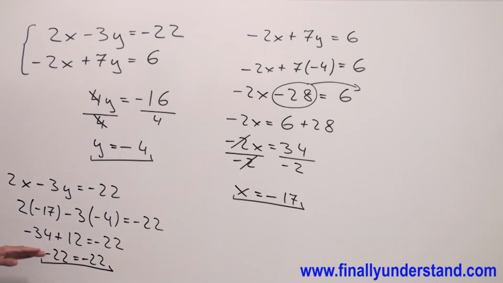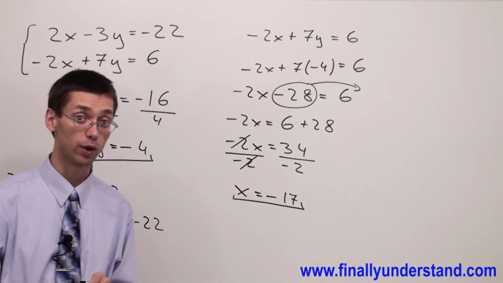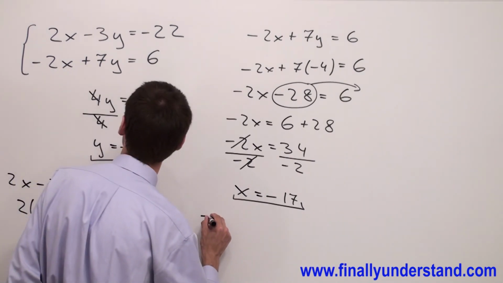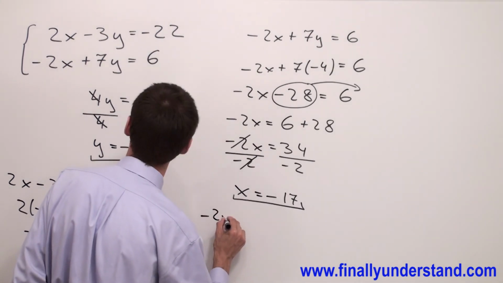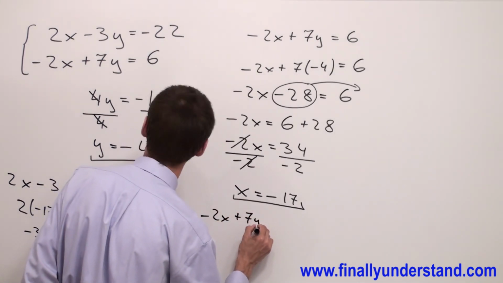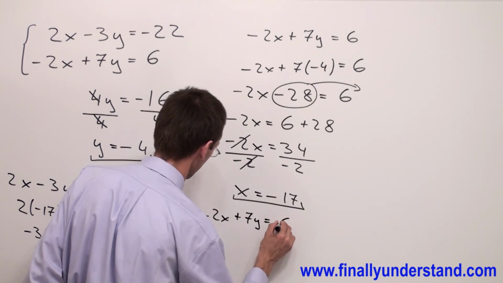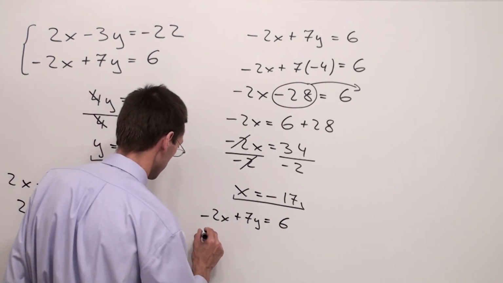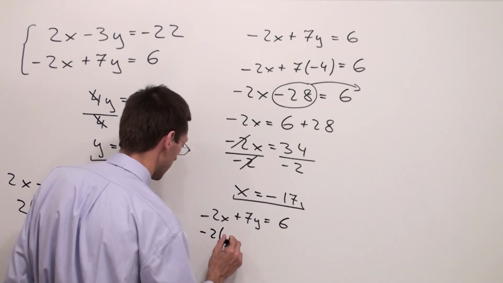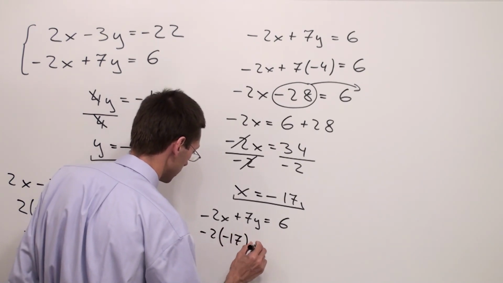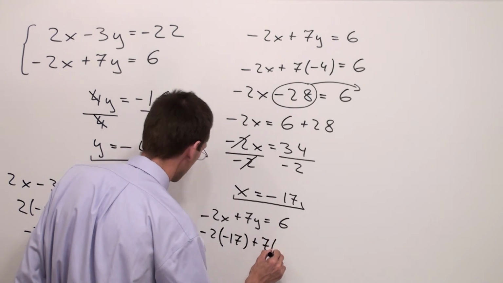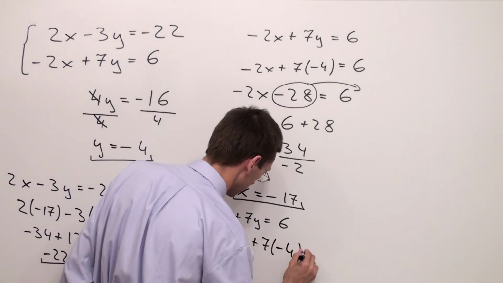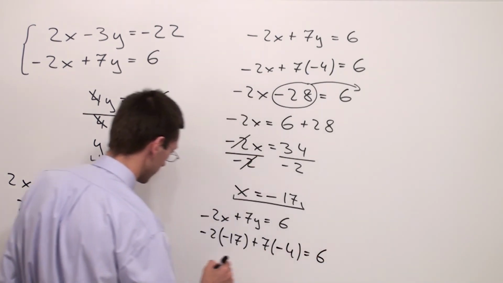It's always good to check the second equation too. So I have negative 2x plus 7y is equal 6. Instead of x, I'm supposed to write negative 17: minus 2 times negative 17 plus 7 times negative 4 is equal 6.